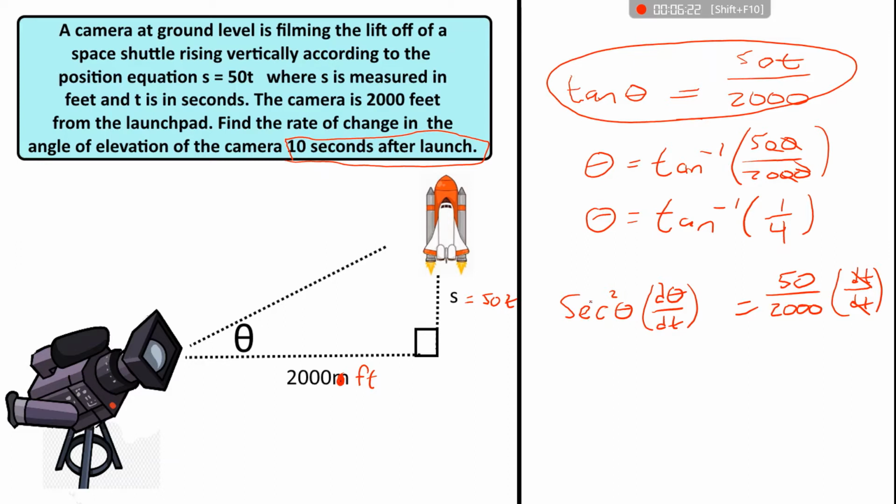Secant squared is 1 over cosine squared, so when I move it, I multiply by cosine squared. That gives me d theta over dt is 50 over 2000 times the cosine squared of my angle, which right now is arctangent of 1/4.